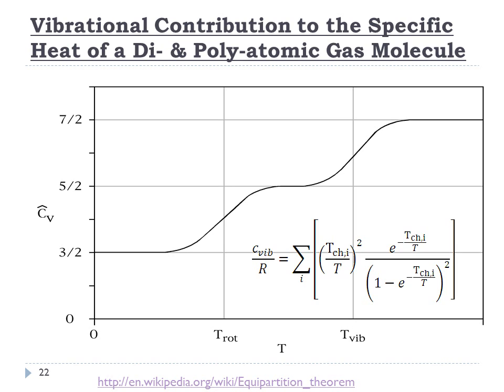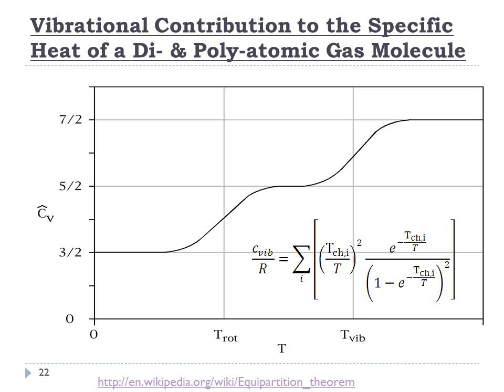The equation that plots the C sub V due to that vibrational mode is extremely complicated. If you had to integrate this in this class, you could take an entire day to do some of these calculations.